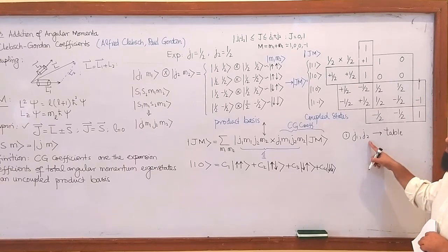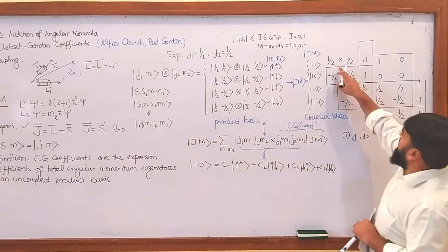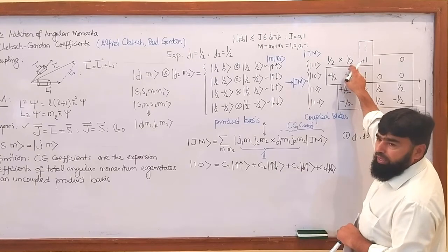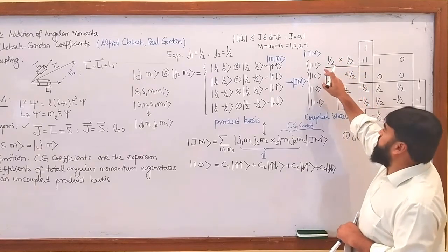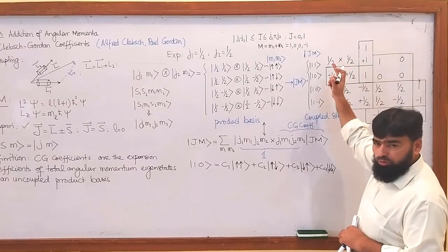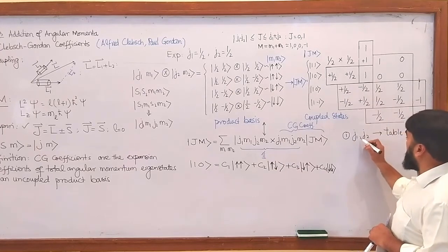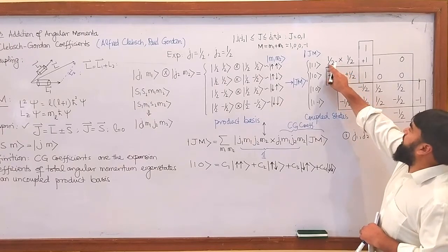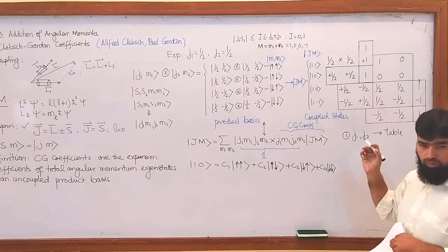If you look at the table of the Clebsch-Gordan coefficients, on the top is written 1/2 into 1/2, and elsewhere 1 into 1, or 3/2 into 1/2. Different values are there. So the J1, J2 written in the cross form will tell us which table we have to follow.